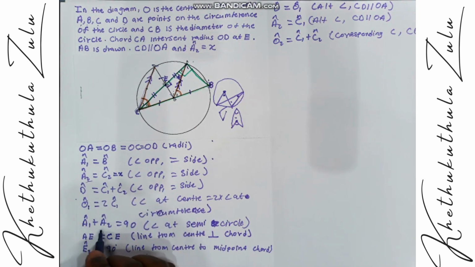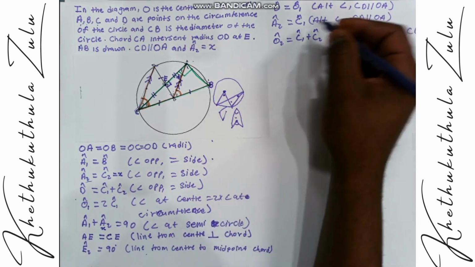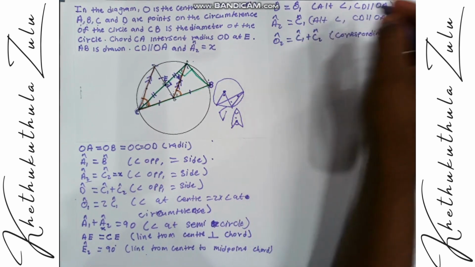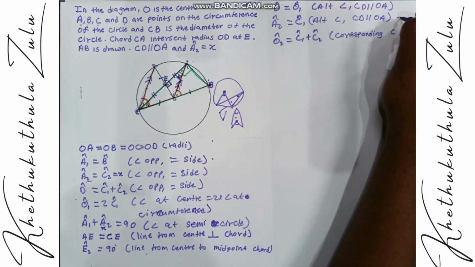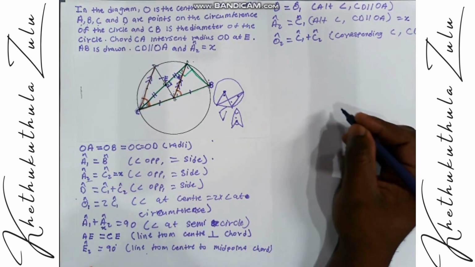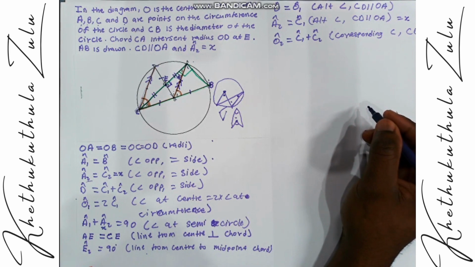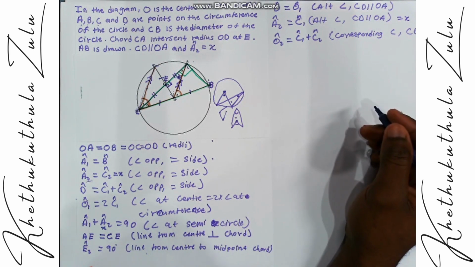And here we know A2 is X also, which means C1 is going to be equal to X also, from just analyzing everything that we got from our statement. I hope you see the importance of just analyzing a statement. Now we're going to move on to the questions.